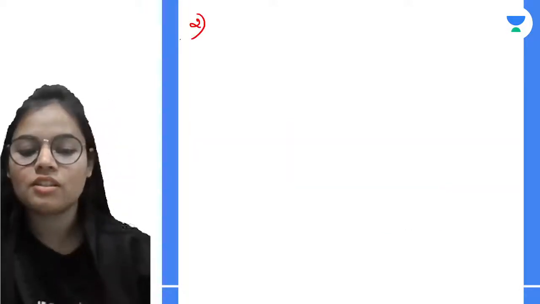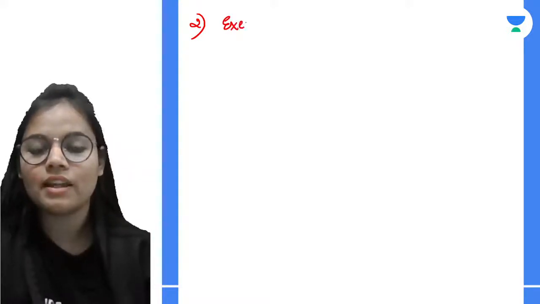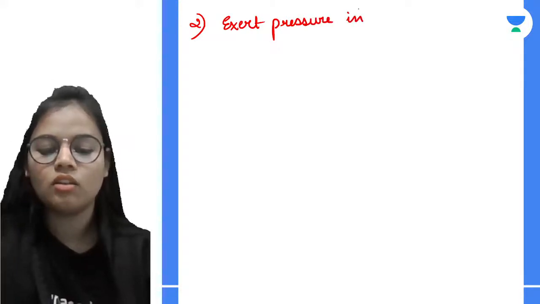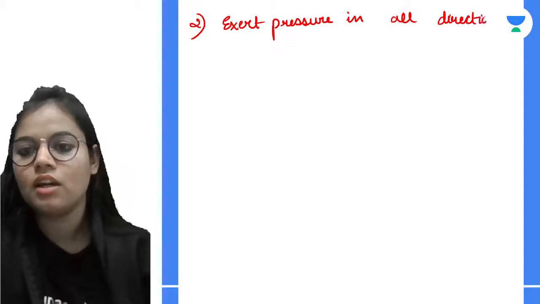Next, we learned that gases do not have any fixed shape and volume. The third property is that gases exert pressure in all directions.